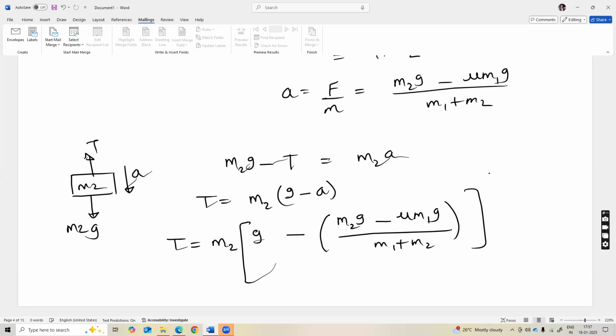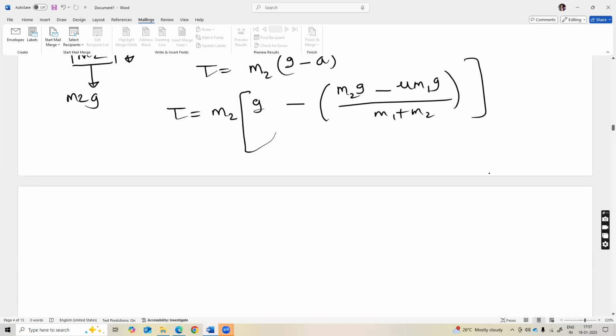We can take g outside, so T is equal to m2 g into, and we will multiply and divide by m1 plus m2.